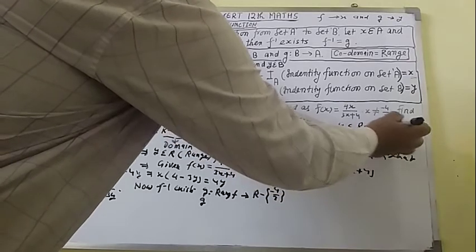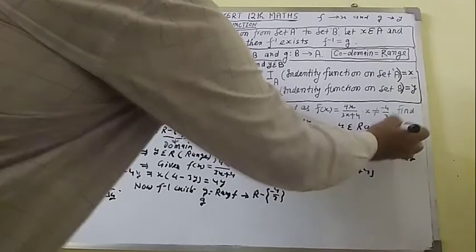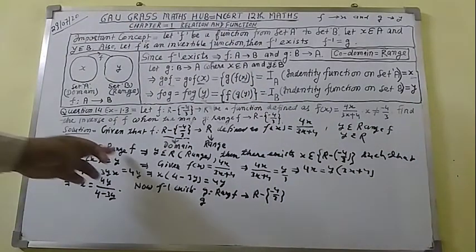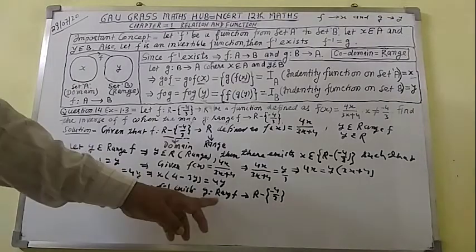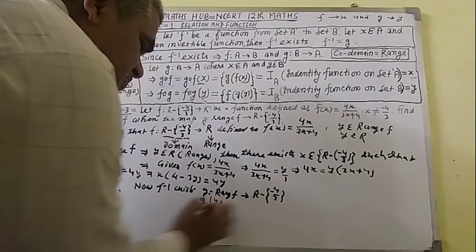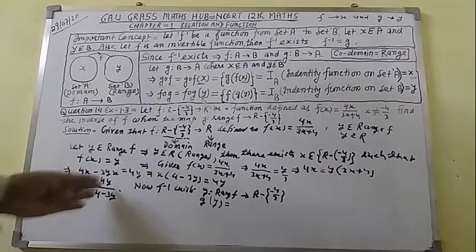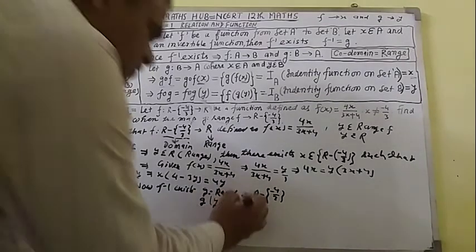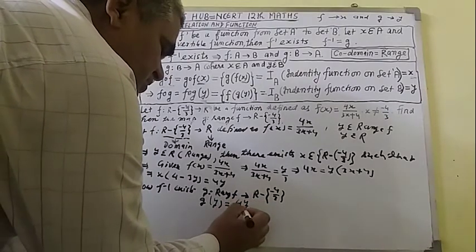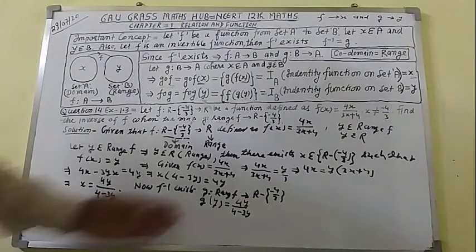In the beginning I let y belong to capital R. Here I have let the range f consist of g(y). The g(y) is equal to this value, 4y whole over 4 minus 3y.